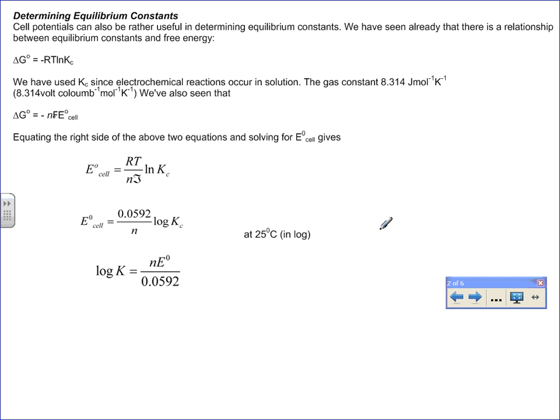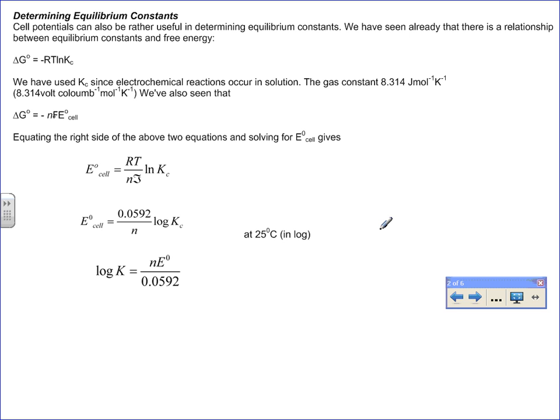Okay, we'll look at the example on the bottom of page 21 in a moment. We're just going to extend our relationships here and look at how we can use this information to calculate the equilibrium constants as well. Okay, we know from our previous unit in thermodynamics that delta G naught is equal to negative RT ln Kc. That comes from the fact that Gibbs free energy is equal to 0 at equilibrium.